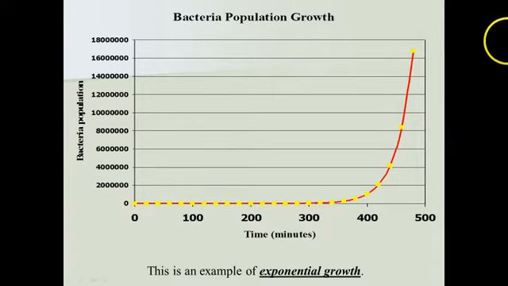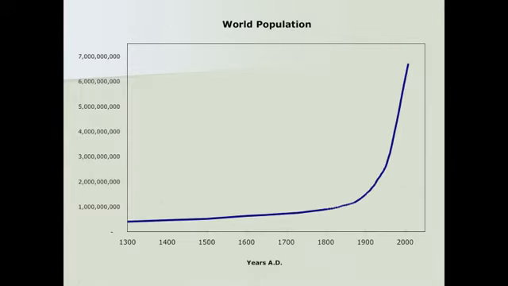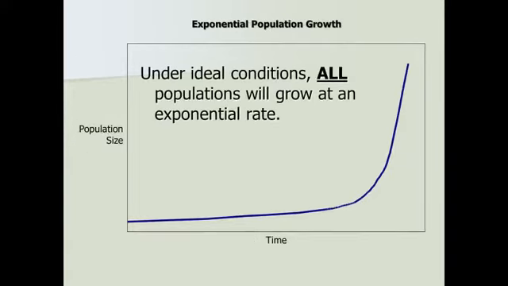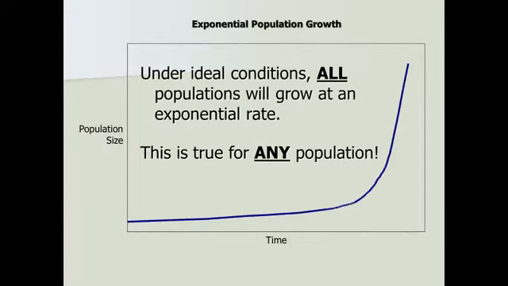If we look at not only bacteria, but if we also look at human growth over the last few hundred years, we see much the same pattern. We see an exponential growth rate. So it turns out that under ideal conditions, all populations can grow at an exponential growth rate. Not just humans, not just bacteria, but any population.